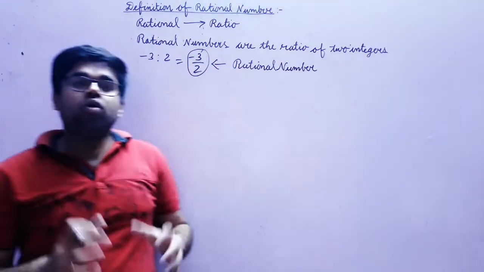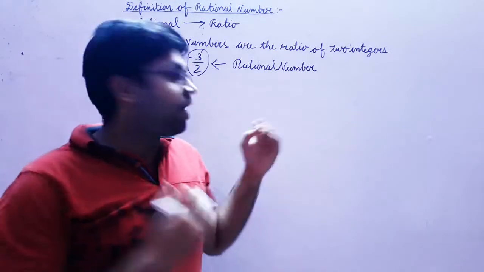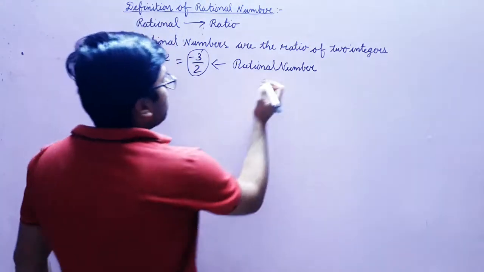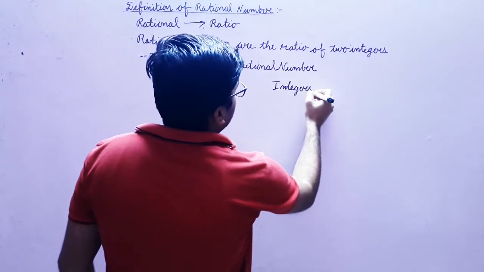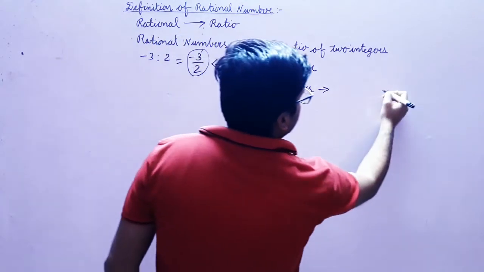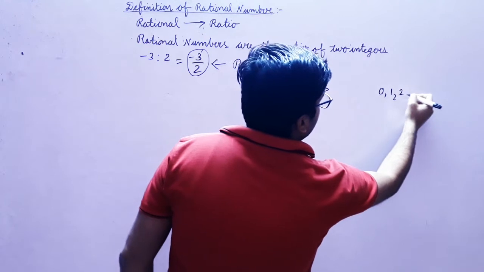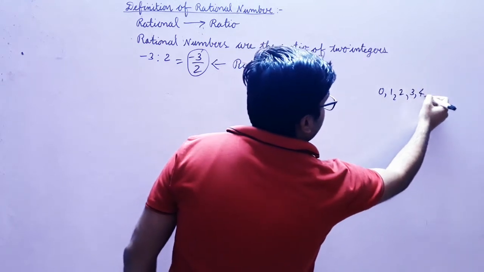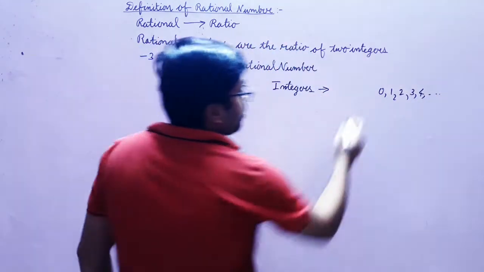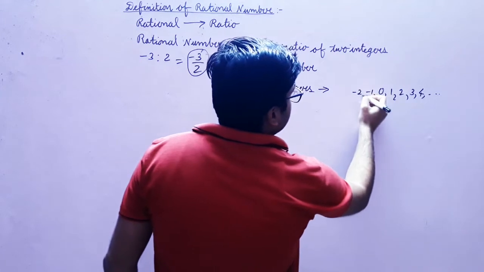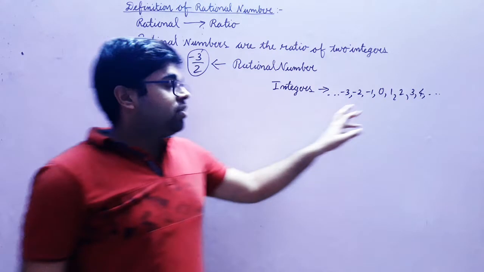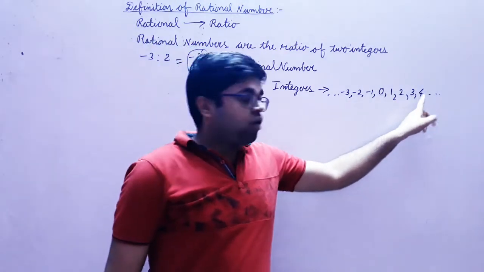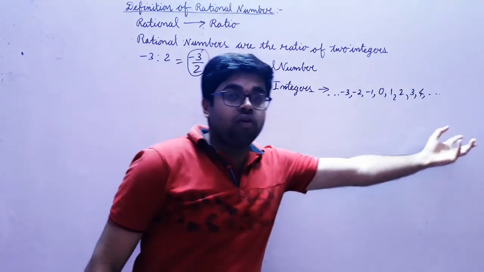Now those who don't know what integers are, let me write down what integers are. Integers are numbers like 0, 1, 2, 3, 4, etc., minus 1, minus 2, minus 3, etc. Now integers are numbers like 0, 1, 2, 3, 4, 5, 6, etc., up to infinity.